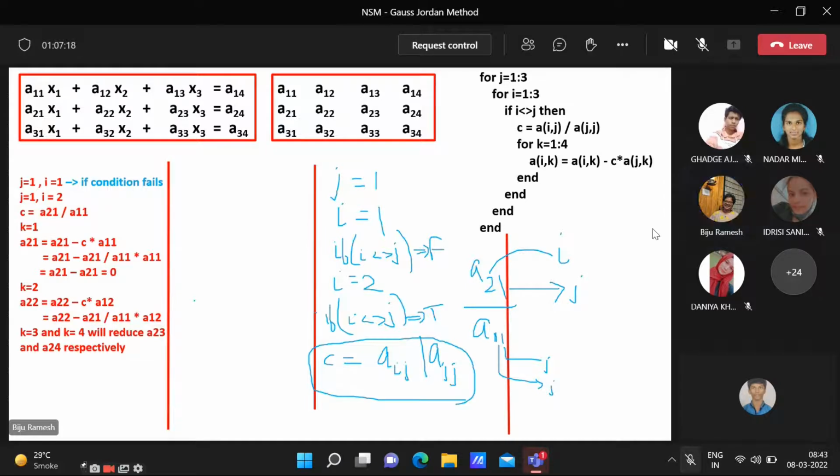Everybody? Should I repeat it again? I'll repeat, no problem. Or is it clear? See, first time what I did, we always have the habit of writing i outside and j inside. I always have the habit of writing that, but this time I just changed it, purposely. So first time I wrote i outside and j inside, that is why it was seen like that.